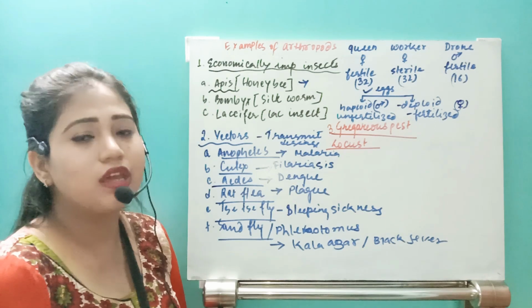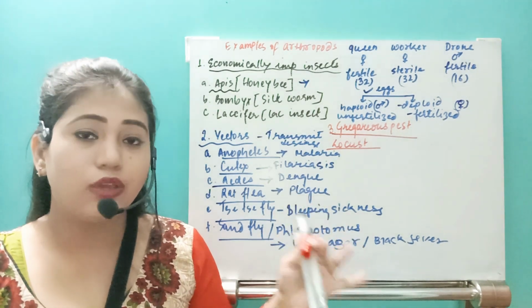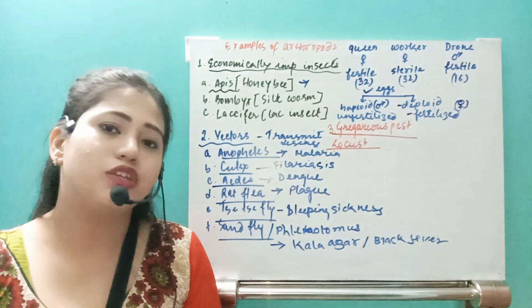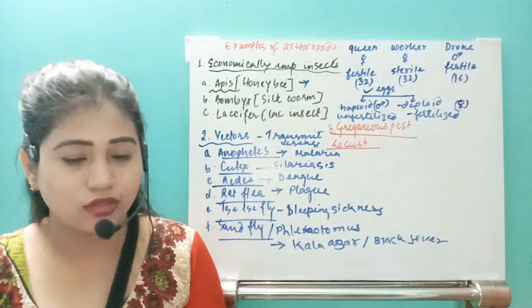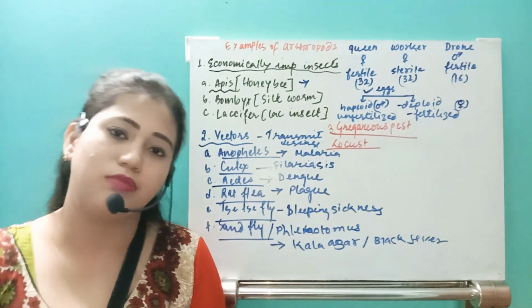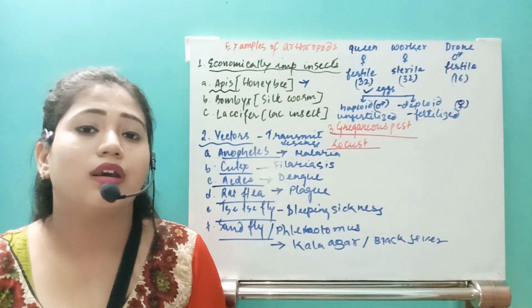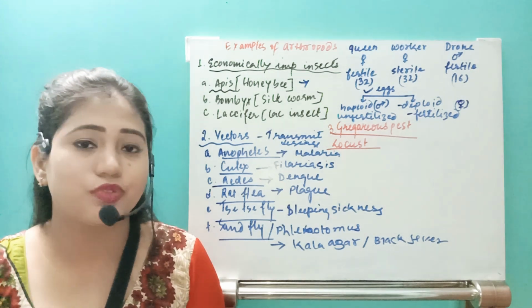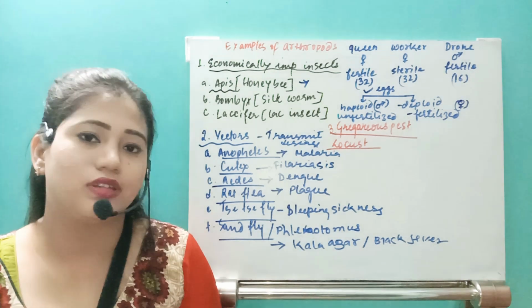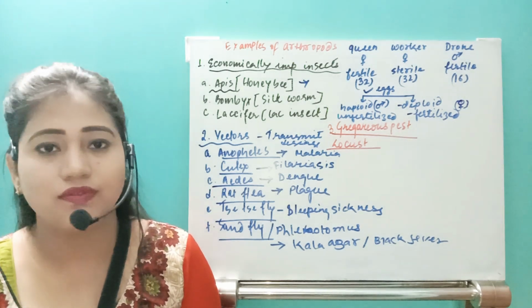Gregarious pest means this pest will live in huge numbers, but they do not have any social organization. They live in numbers, but they do not have any coordination between them. They eat more than their size, five times their weight, and after that they will ruin the whole crop field within an hour and leave that space.